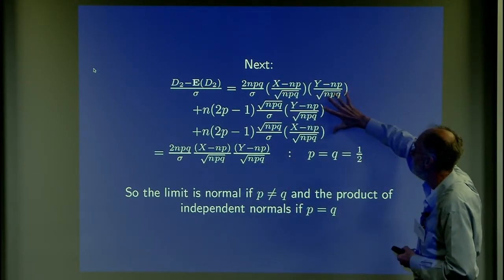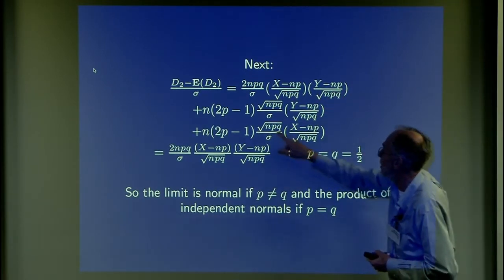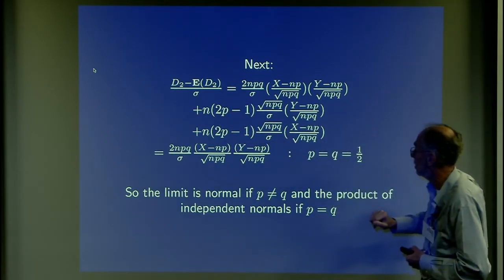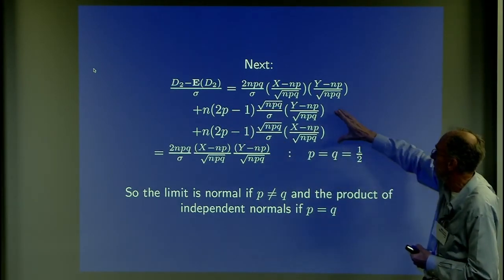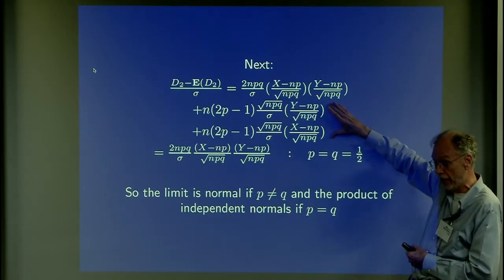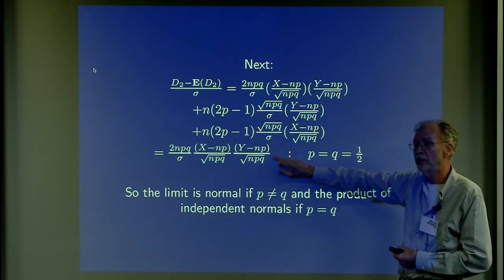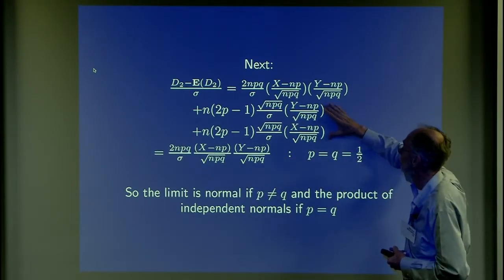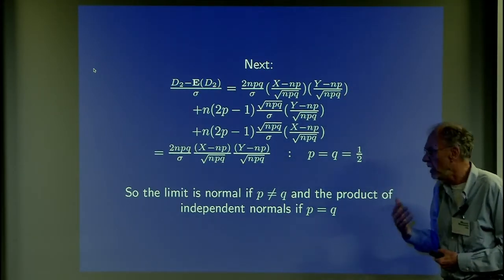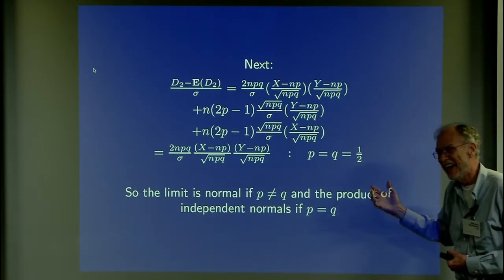And you get 3 terms unless p is a half, p equals q. These guys have disappeared. So what's going on is that these 2 terms are dominating the limit, providing the normal approximation. And this is, in the limit, the product of normals. So these 2 terms dominate this guy. That's where the difference in variance came from. I see it. I still don't sort of have it in my soul.